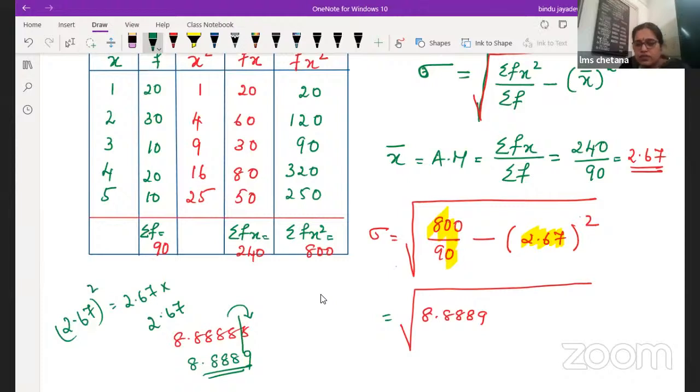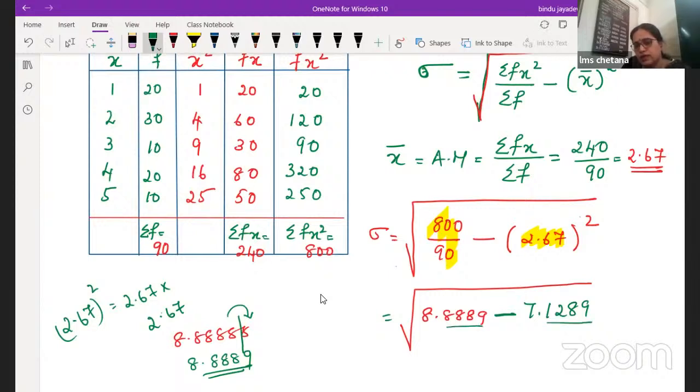Normally, we'll use 4 digits. Minus 2.67 the whole square. If you multiply 2.67 by itself, you will get 7.1289. So here also, if you find the square, you will get 4 digits.